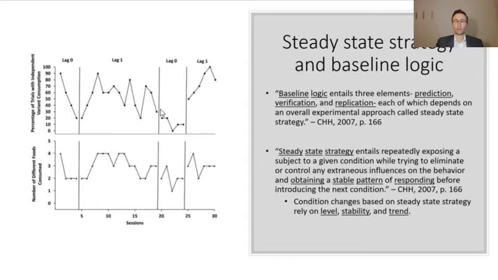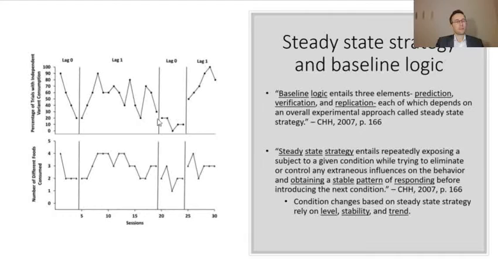And that's exactly what we observed, right? So you see that there was a decrease in variant consumption across 5 sessions within this lag 0 condition. That verified the prediction made by the data path in the first lag 0 condition. Okay, it also replicated the overall low responding observed in the last session of the lag 0 condition.